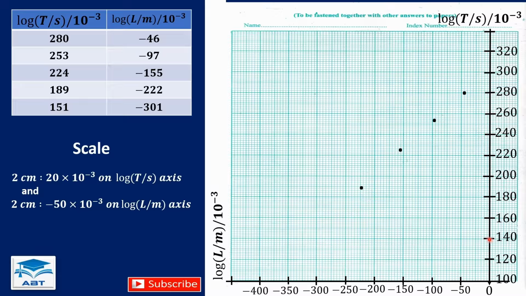The middle of 140 and 160 is 150. So 1 will be in the middle of the next box. That will be 151. And negative 301, this is negative 300. So we go a little bit into the next box and we have negative 301. So the point will be here. So we draw the line of best fit.